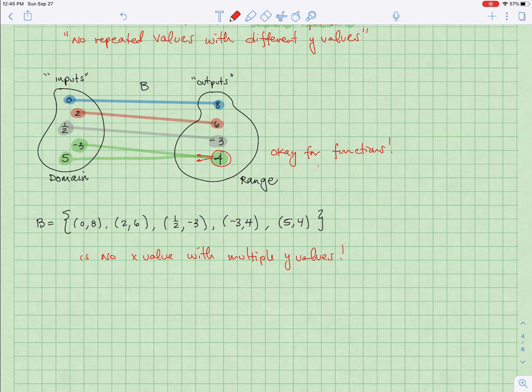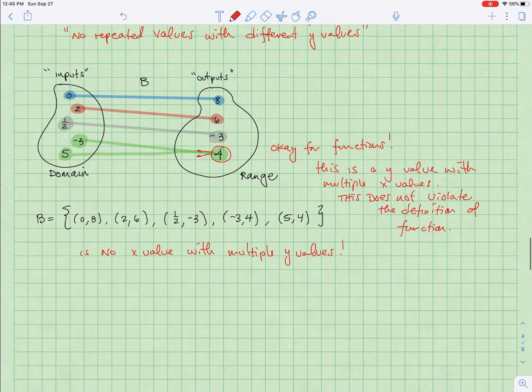That's not what this is. This is a y value with multiple x values. This does not violate the definition of function. So we're okay there.